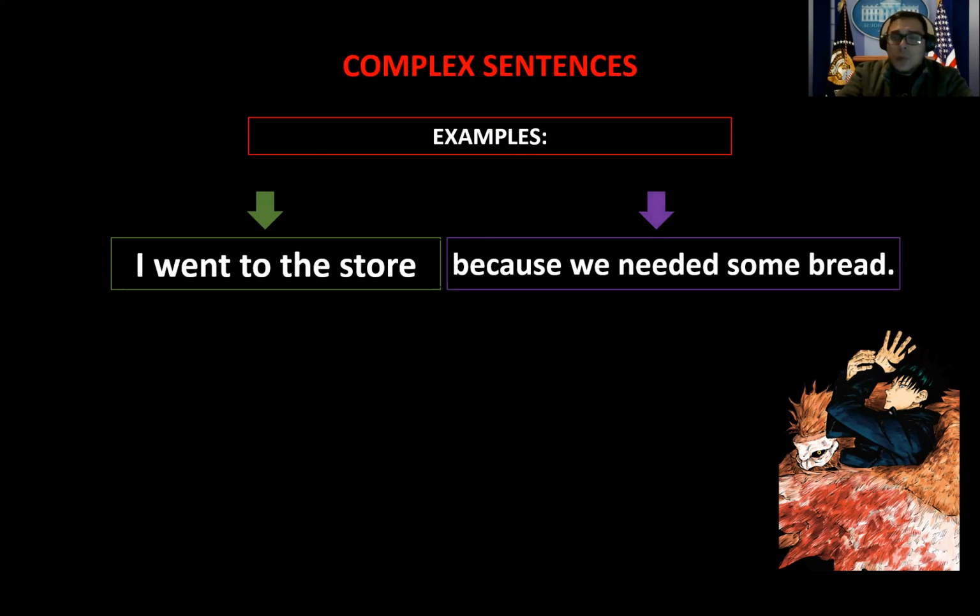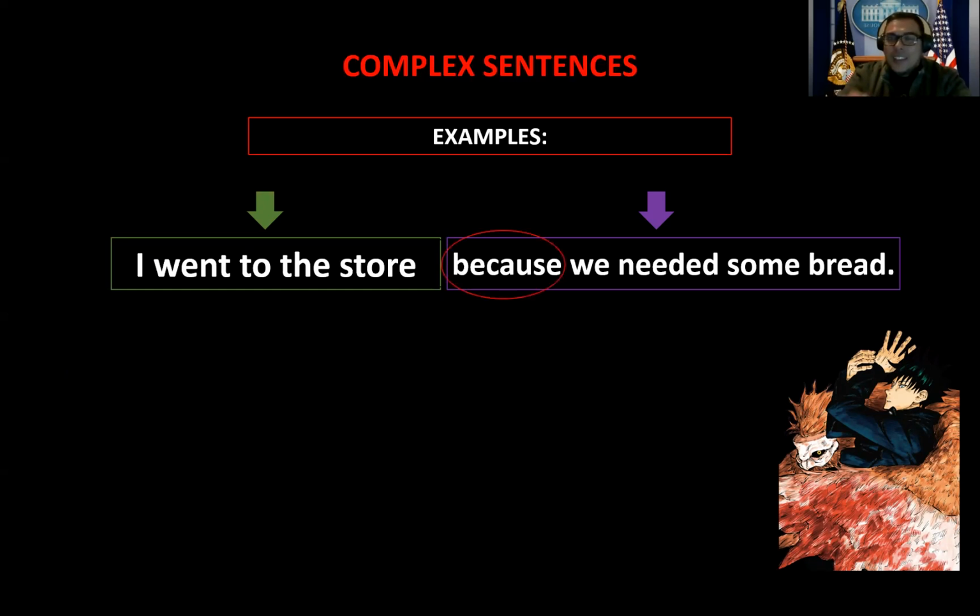If we say because we needed some bread by itself, it's not a complete idea. Just imagine somebody coming up to you and saying, because we needed some bread. That really doesn't sound too complete. You're gonna probably be left clueless, like, what are you talking about? Because you needed some bread, what? What did you do?